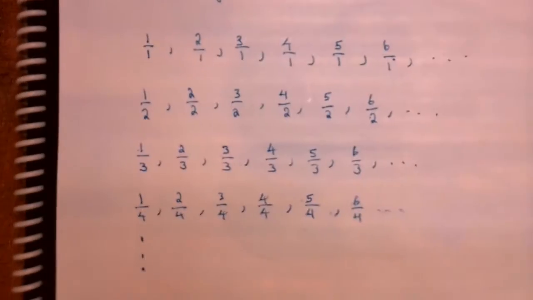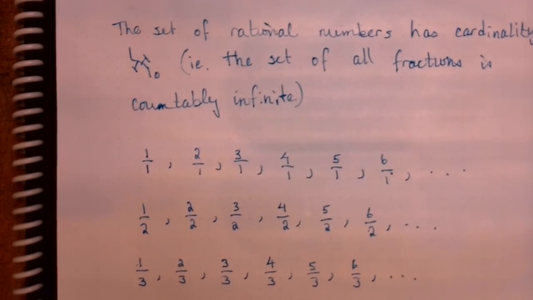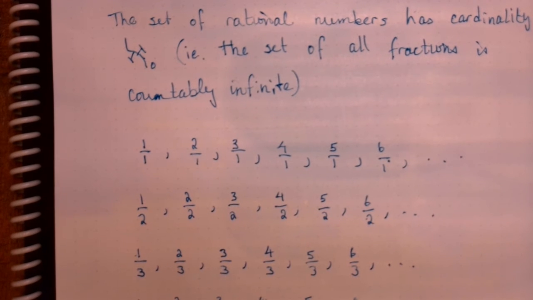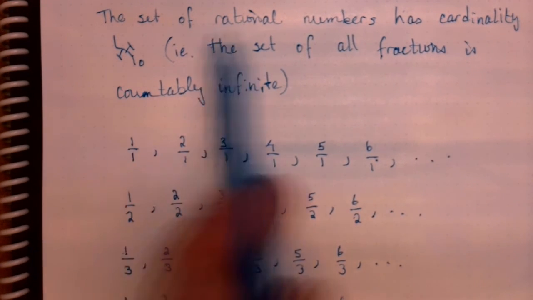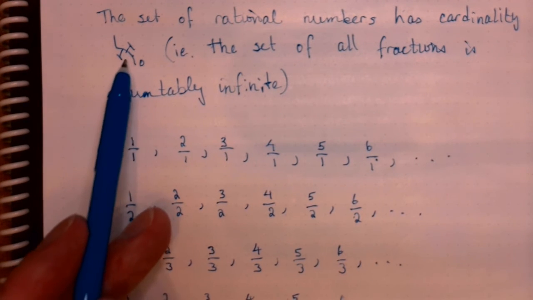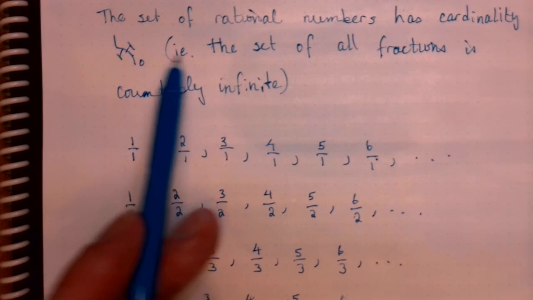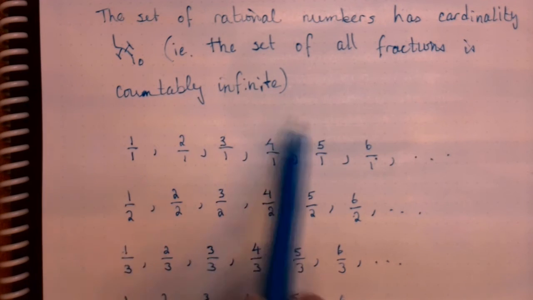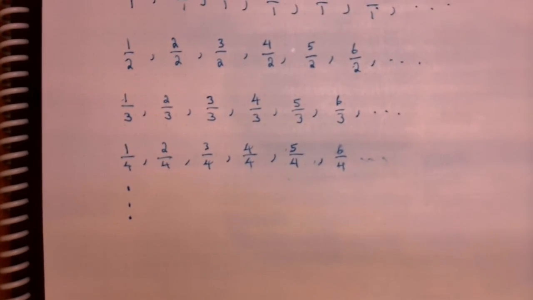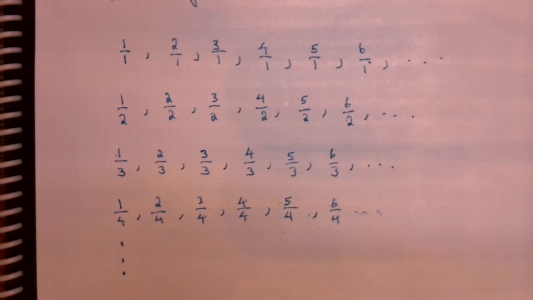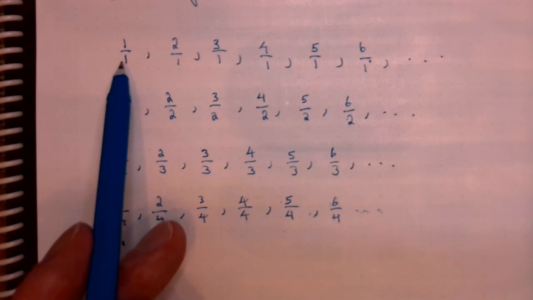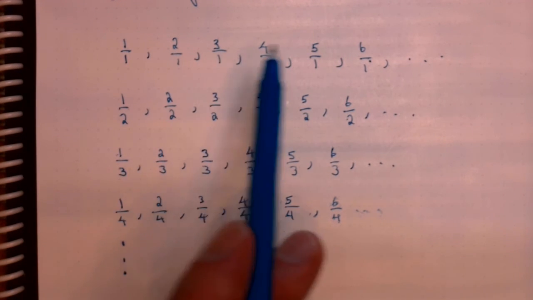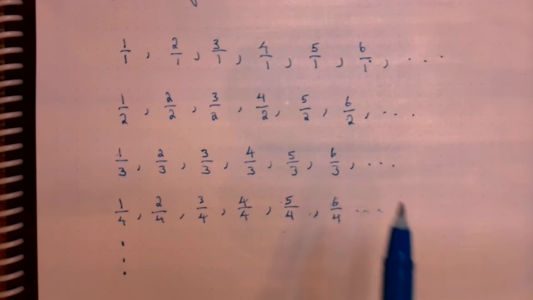I also want to discuss the set of all fractions. Okay, so I want to look at this example here. The set of all rational numbers has cardinality aleph naught. And another way of saying what I just said is the set of all fractions is countably infinite. Now I've got a little table written here. This first row is every fraction that has a 1 in the denominator.